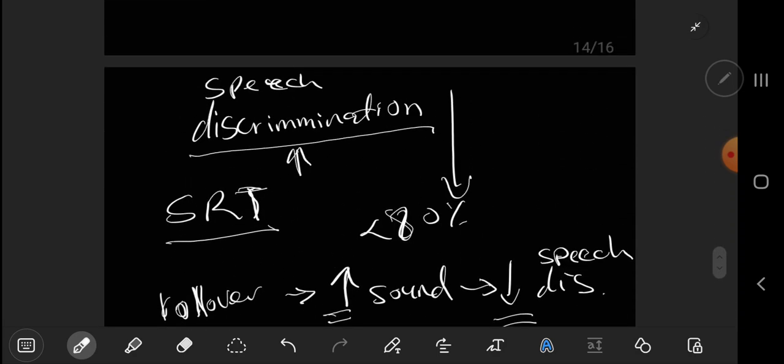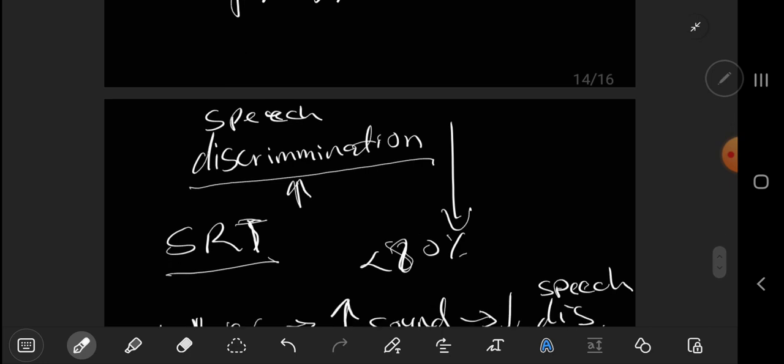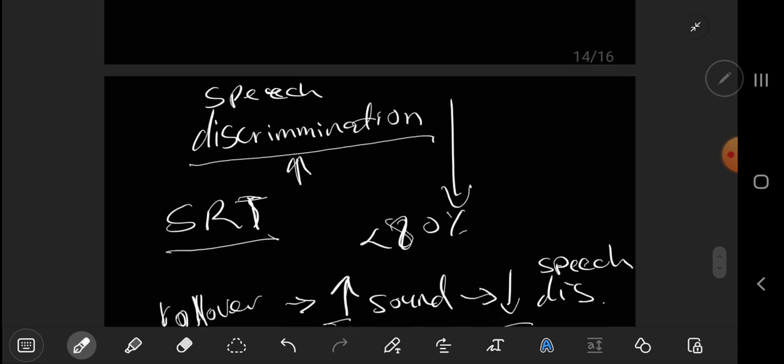But speech discrimination is very important because it's very characteristic of retrocochlear pathology, behind the cochlea, of which vestibular schwannoma is one of the important ones, but not the only one. For example, multiple sclerosis can also be a retrocochlear pathology, or brainstem lesions, or other tumors.